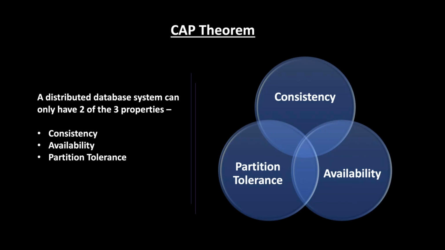From an availability standpoint, a node will return a reasonable response within a particular amount of time, and there should be no error or timeout. And partition tolerance says that the system continues to operate despite some of the messages failing, some network issue. So it's very difficult for any of the database technologies to have all three of them.